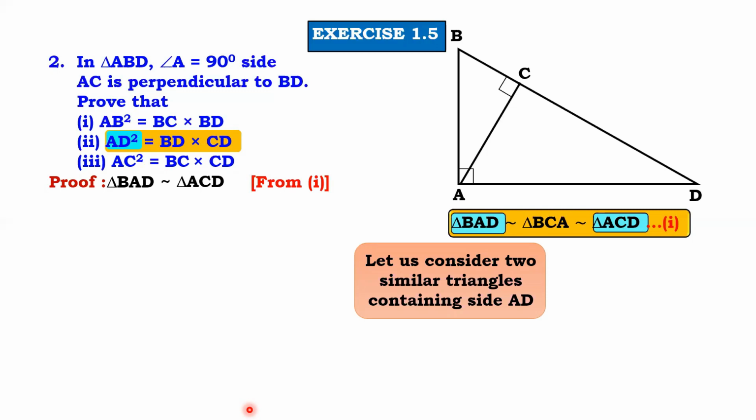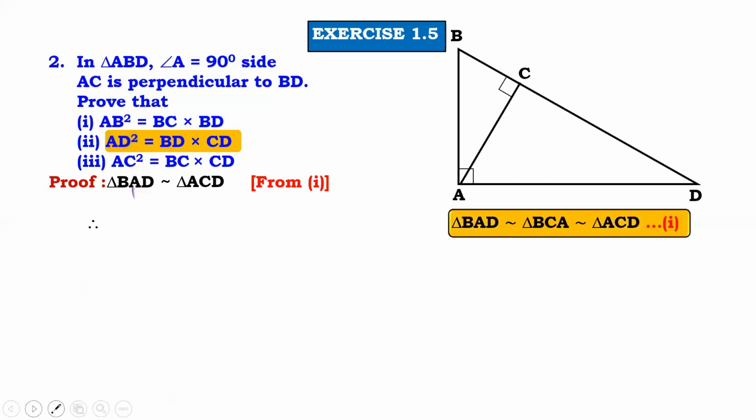Now we have to take the ratio, because we know if two triangles are similar, corresponding sides are in proportion. But now we have to take AD into consideration. So if we take AD, the corresponding side for AD will be CD. So AD upon CD is equal to, we have taken AD, we have taken CD. What is left?